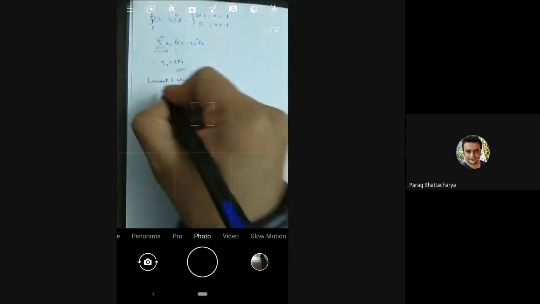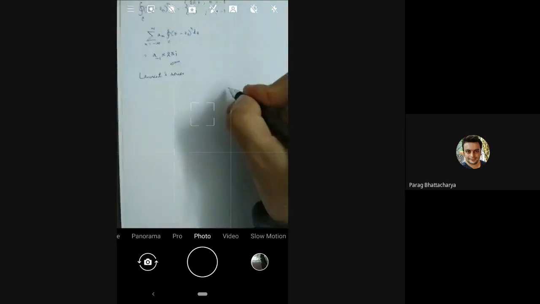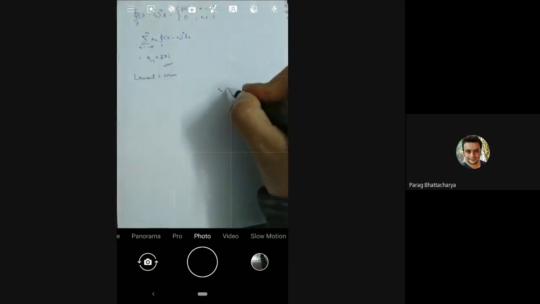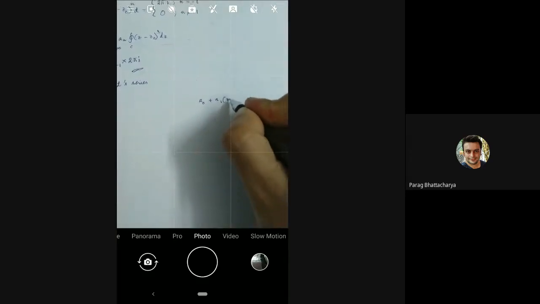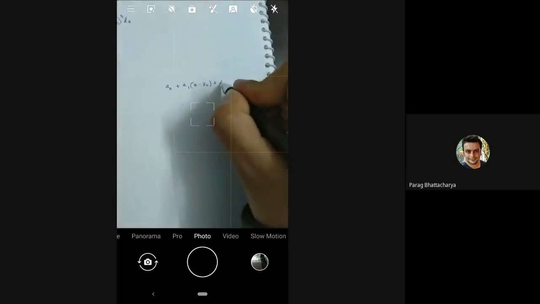Okay, so we have the Laurent series. How do you write down the Laurent series? We have the positive part and the negative part. We have a0, then a1 into (z minus z naught), plus a2 (z minus z naught) squared, and so on.